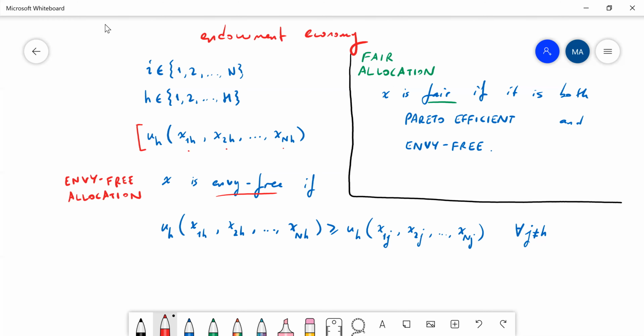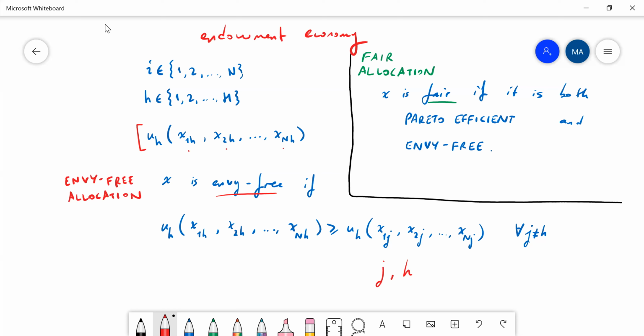Okay, so within this setup, we say that an allocation X is envy-free if people obtain the largest utility with their own consumption bundle. Okay, look at this. Now we are comparing two consumers, consumer H and consumer J. All right.